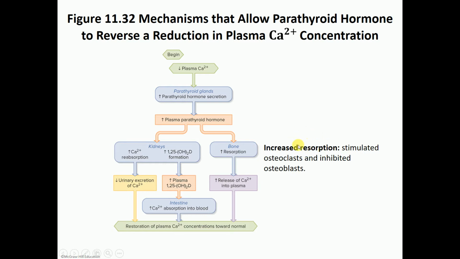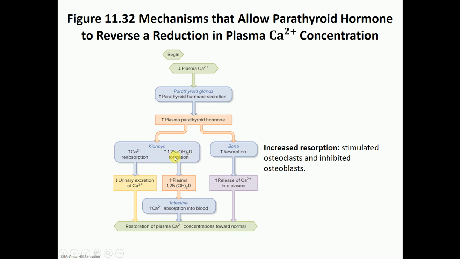The increase in bone resorption will release calcium into our plasma. The other targets of PTH are the kidneys. So we are going to increase calcium reabsorption from the kidney so that we prevent its loss in the urine. We'll keep it in our bodies and decrease the urinary excretion of calcium.